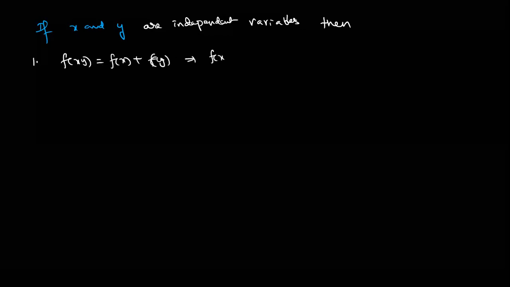Then which type of function satisfies this? Some constant times ln x, or f of x is equal to 0 also satisfies this function. Two: f of xy is equal to f of x into f of y.